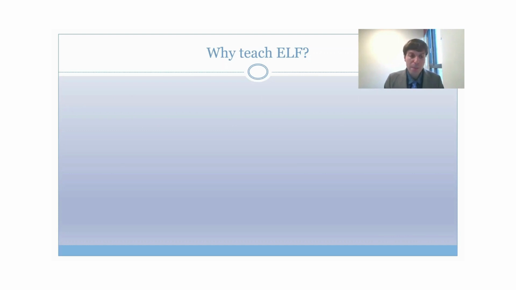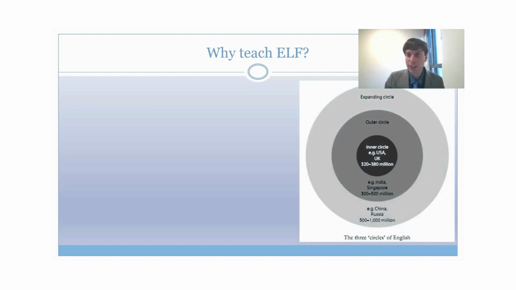Well, there are many reasons, but I'm going to focus on only one, and I'm going to use this picture, which I've taken from David Crystal, to help me explain. This picture shows us the number of English users in the world back in 2003.